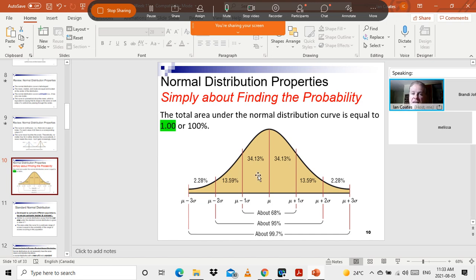It's the area under the curve that represents these percentages, and these percentages represent probability, which we covered last week. Probability is equal to the number of desired divided by the total. If I'm looking to choose somebody from this group within the first positive standard deviation, there's a 34.13% chance that I will choose somebody from here out of the whole thing. So it's the area under the curve.